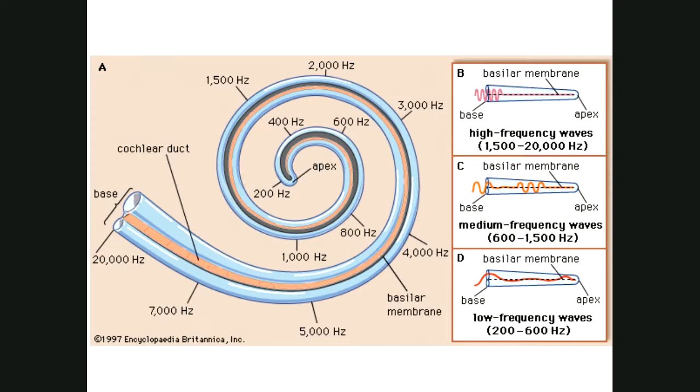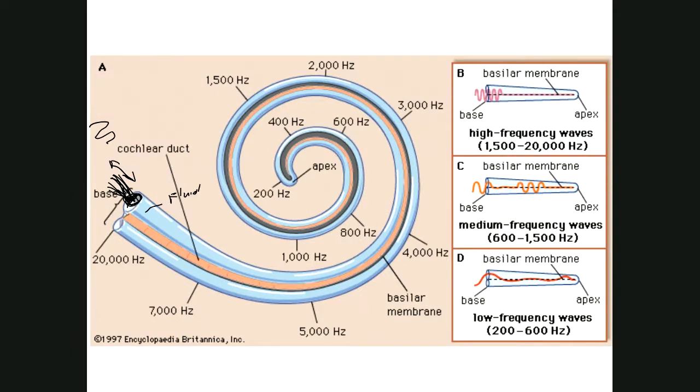Well, remember, here's where the stapes is, right here in this oval window. And so that sound is going to make this thing move back and forth in that window. It's going to push against the window. Back and forth, push, push, push, push. And what's going to happen is, remember, there's fluid in here. And when you push on fluid, it's going to move.